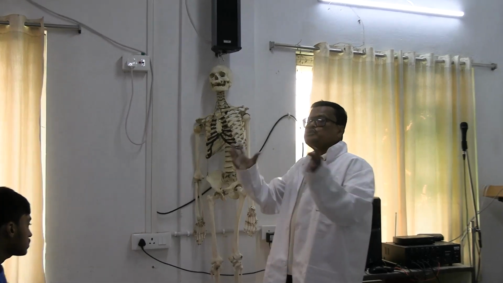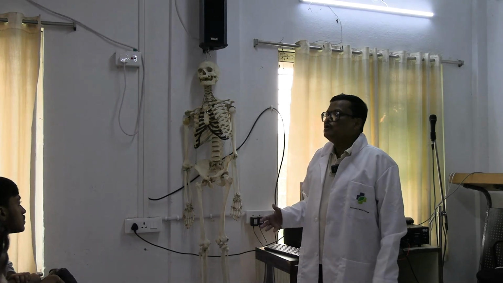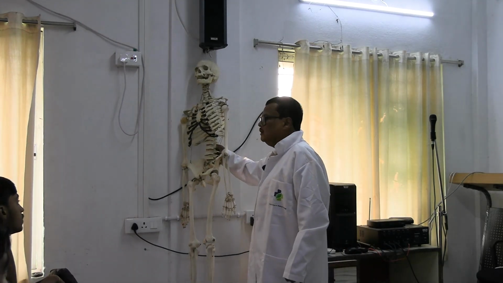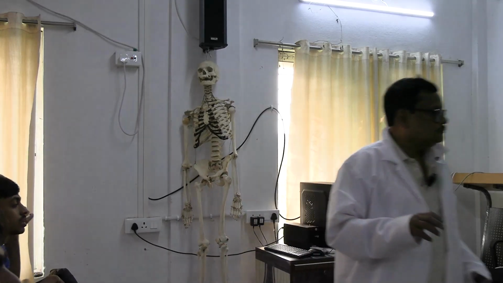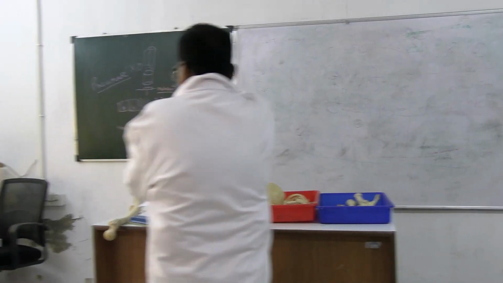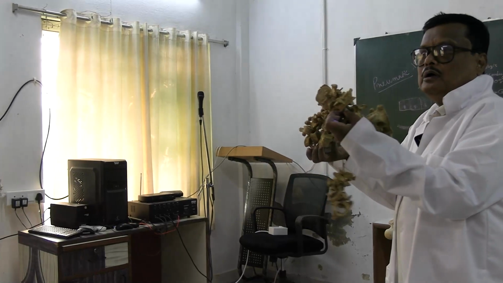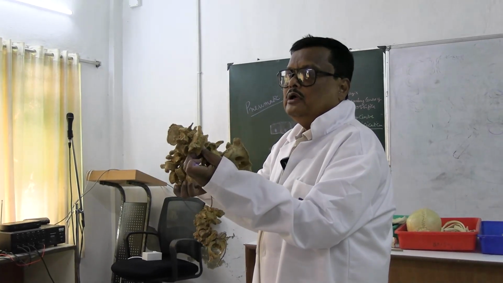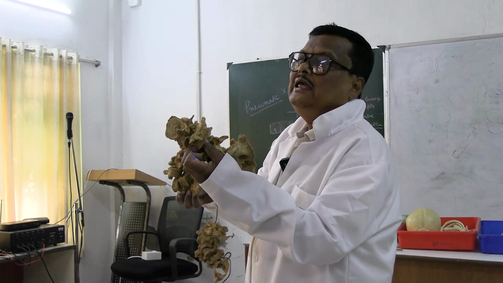Some bones have got no shape, not a long bone, not a short bone, you cannot fit anything. We call them irregular bones, like this vertebra, no shape. See, no shape, not a long bone, not a short bone, not a flat bone, not seed like. So we call it irregular bone.